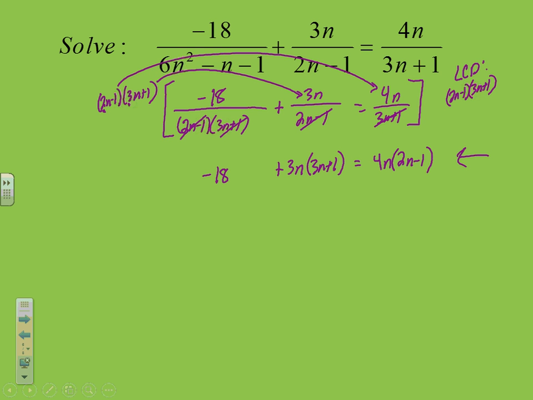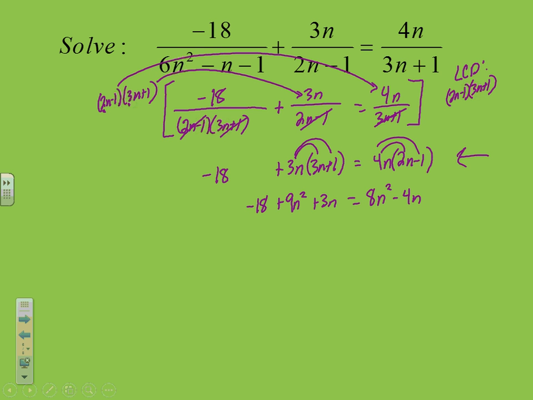So let's start distributing. The negative 18, there's nothing to do with that right here, but here, let's distribute in here, and that's going to be plus 9n squared plus 3n equals, distribute here, and I'm going to get 8n squared minus 4n.